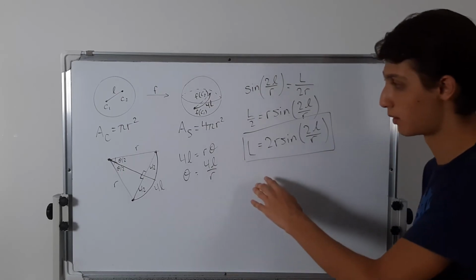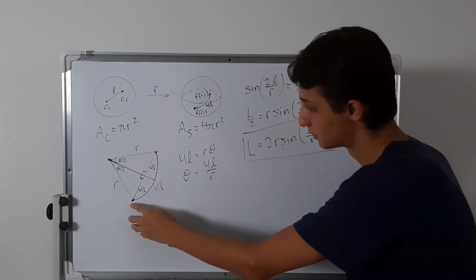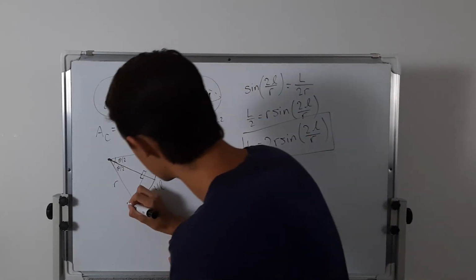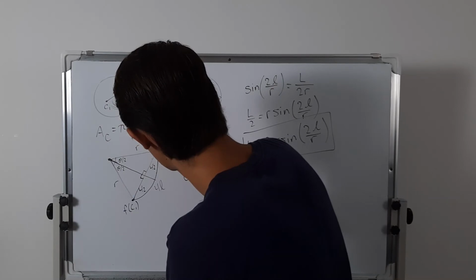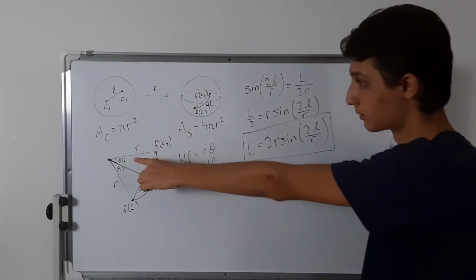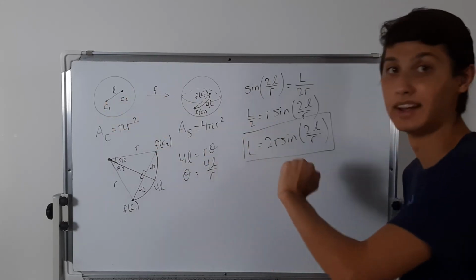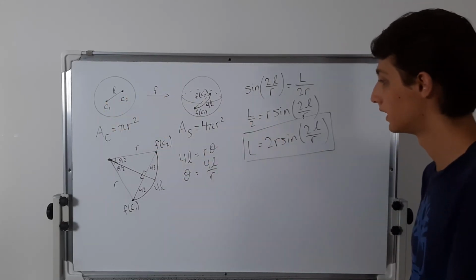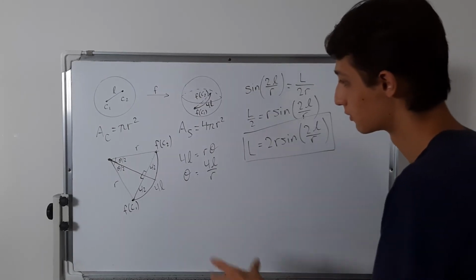So we found that the direct, straight line distance between f of c1, which I can write down, this is f of c1, and f of c2, is 2 times the radius times sine of 2l, which is that, divided by r. If we want, we can write this in a little more straightforward notation.